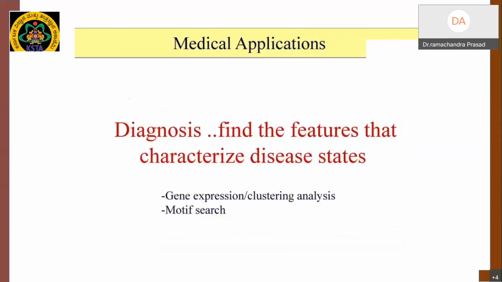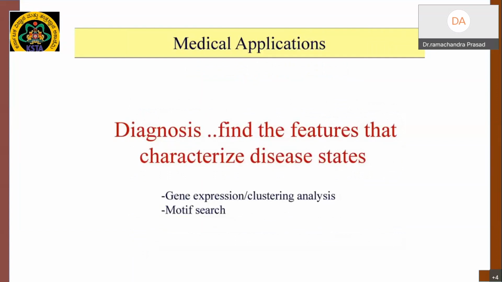Under medical applications, diagnosis means finding the features that characterize the disease states, that is, gene expression. Gene expression or clustering analysis is done by microarray analysis. In a microarray analysis, we can understand at the gene level which genes are expressing and which genes are not expressing.